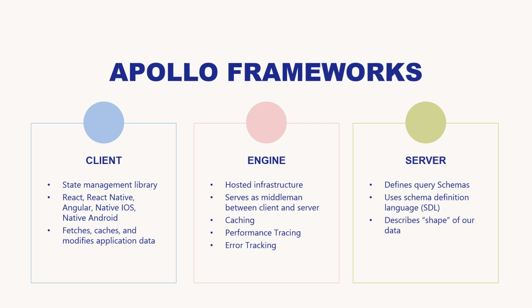Error tracking is pretty self-explanatory. You can diagnose service errors that occur in your application. With performance tracing, or also called execution tracing sometimes, you can trace your GraphQL operations, your queries, and you can get details about execution times and things like that.